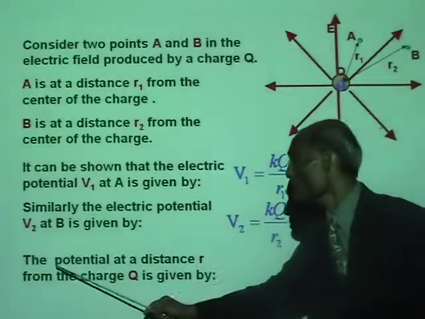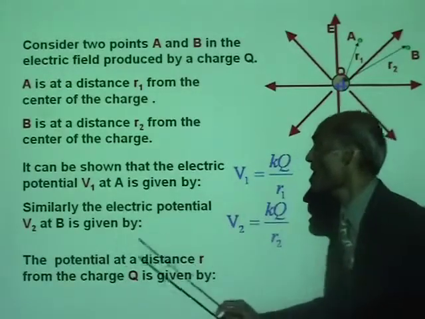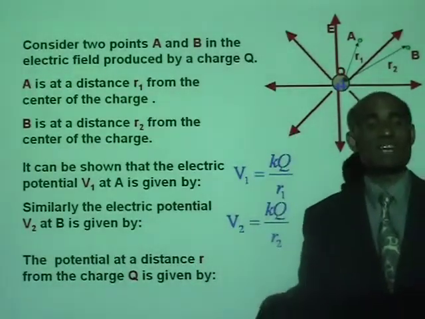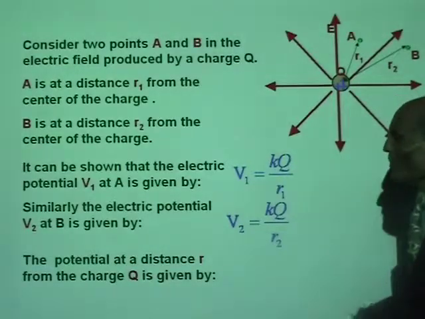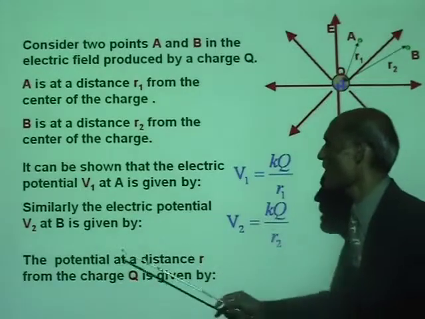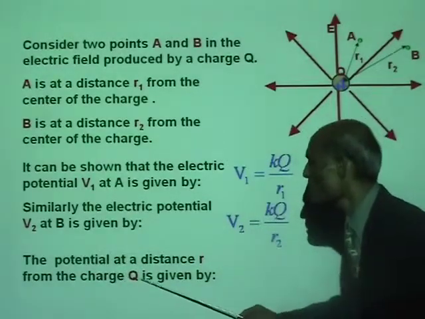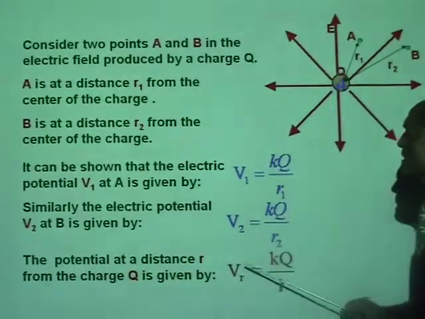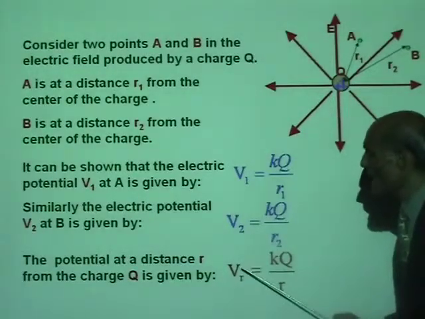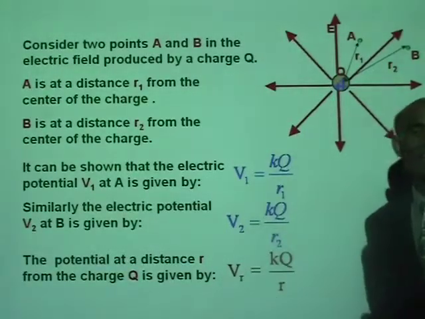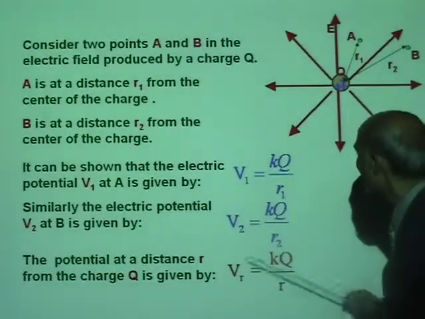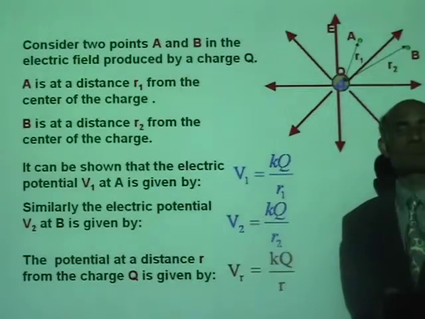Therefore, if you want to write a general equation, what will that equation be? The potential at a distance R from a charge Q is given by V sub R. In other words, potential at a distance R equal to KQ over R. And that is the equation for the electric potential.